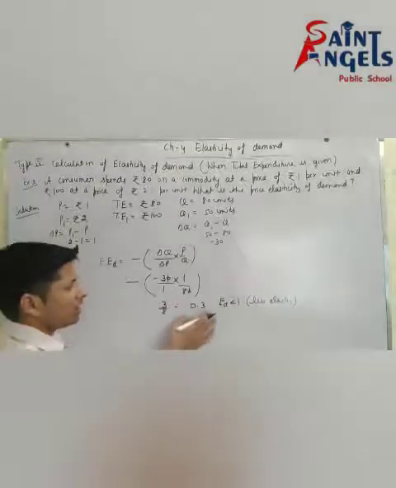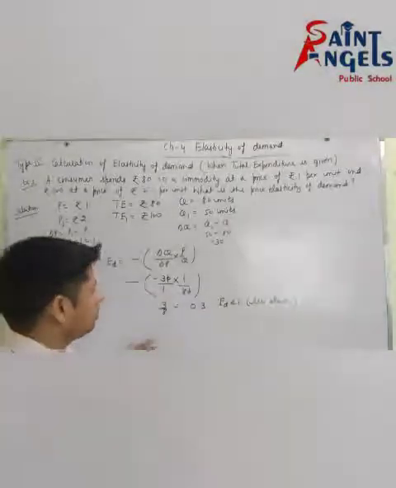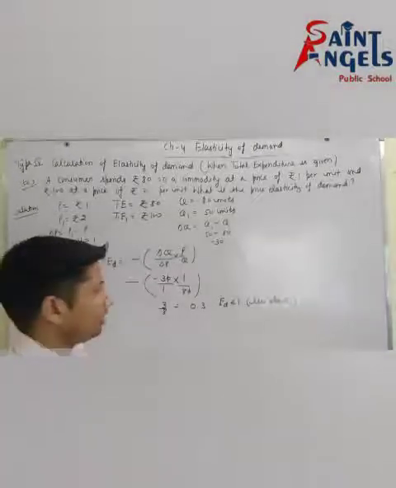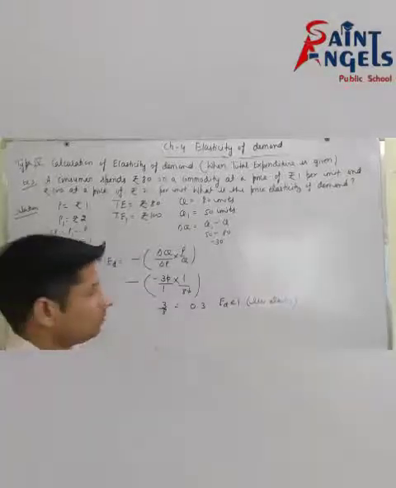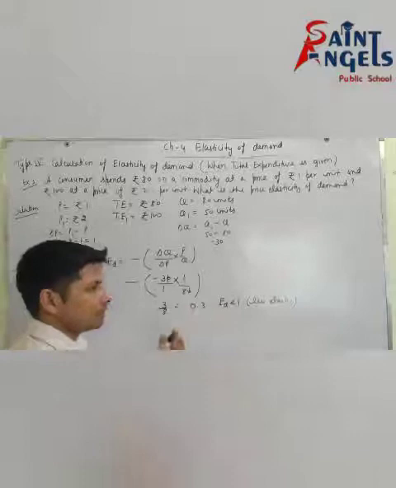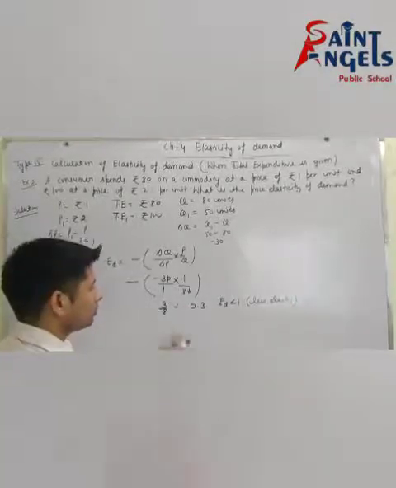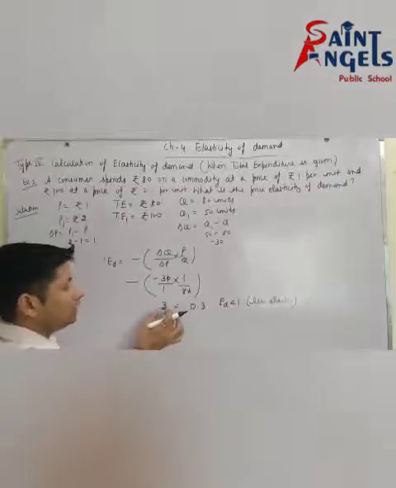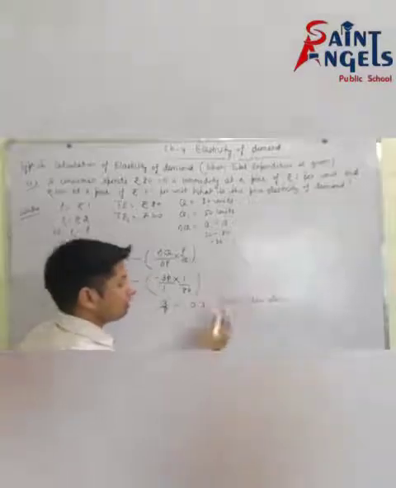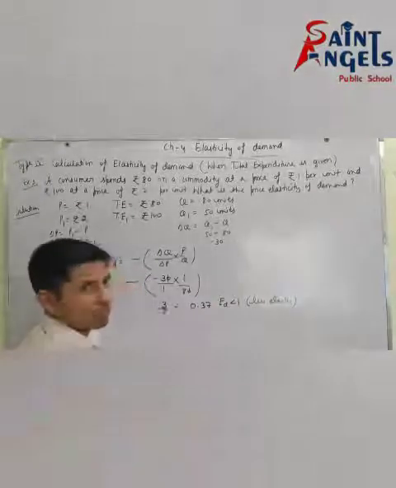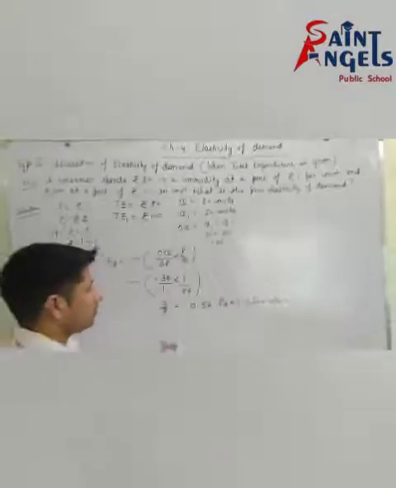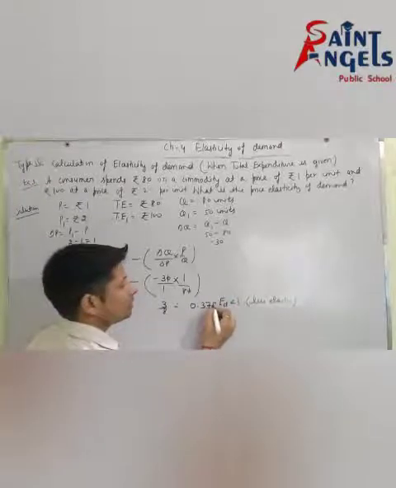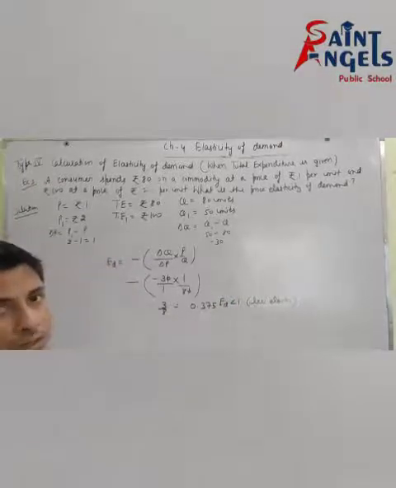You can solve this fraction up to 1 decimal, up to 2 decimal, up to 3 decimal. It's up to you, but the value will be less than 1. Suppose you solve this fraction up to 2 decimal, then it will be 0.37 or 0.38. Suppose you solve this fraction up to 3 decimal, then it will be 0.375.